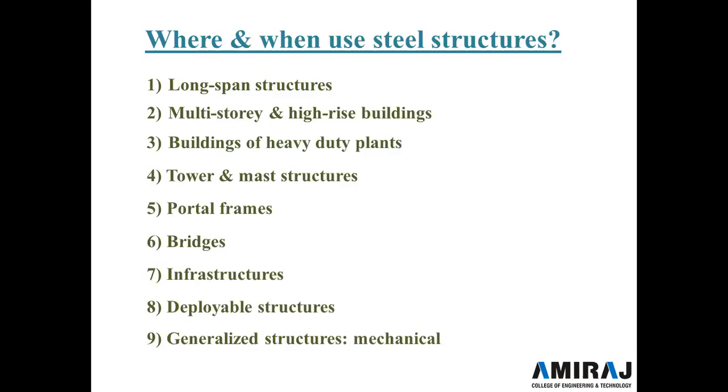Portal frame bridges are large structures which are not made using only concrete, but are definitely used in steel structures, right? Some infrastructures, deployable structures, and generalized structures, meaning mostly mechanical structures. So these are all the structures where we can use steel.